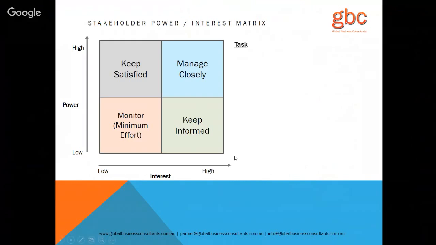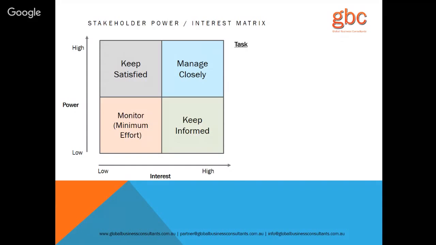Now, importantly, this matrix allows you to capture the perceived view, and then collectively as a team, you can recalibrate what the power and interest should be. An individual's view might be that the finance team has high power and high interest, and that individual might be managing the finance team really closely and spending a lot of company time managing a team with perceived power and perceived interest.